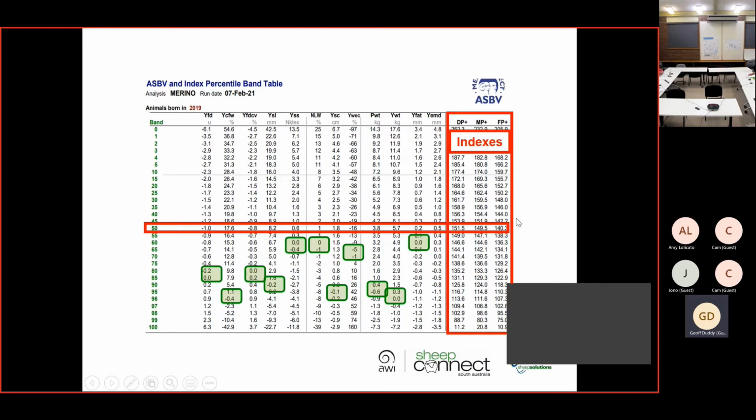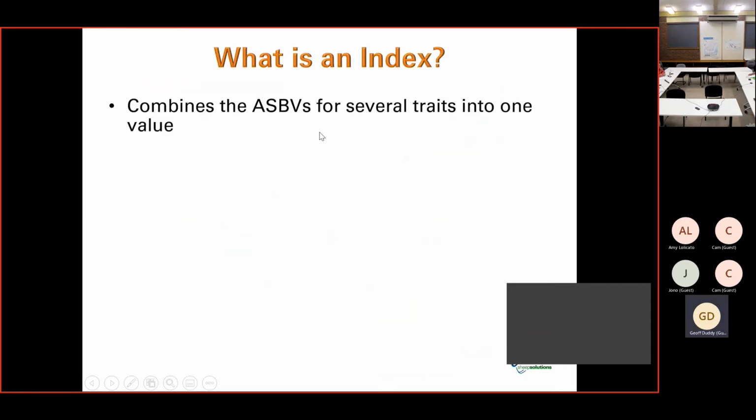Indexes, I'm going to talk a little bit about index, but I'm not a big user of them. This one here, we've got Dual Purpose, Merino Plus and Fibre Plus. The index actually combines ASBVs for several traits into one value. So it tries to give you a percentage value that you can look at and say, oh okay, that suits me.